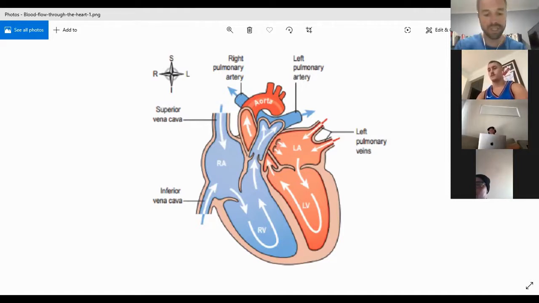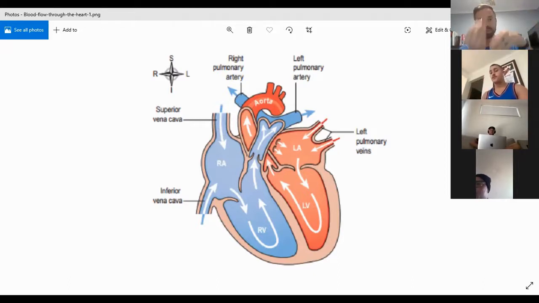Now the ventricles are really important because they're the ones that really squeeze that blood to the lungs or to the rest of the body. So when you think of a heartbeat like ba-dum, ba-dum, think of the first sound being the top part of the heart, and the second sound being the bottom part of the heart. So it's like push, push, push.